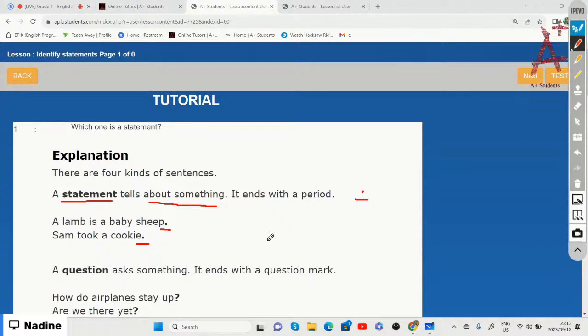So now we are going to choose which one is a statement. Specifically in this lesson, we are only going to be focusing on what a statement is, because here it says identify statements.